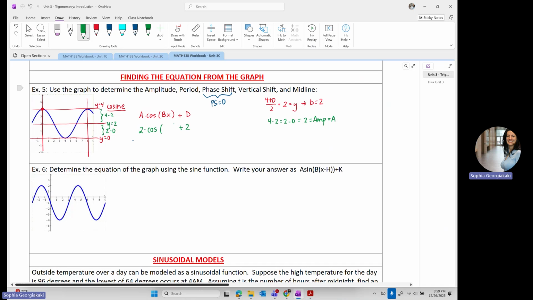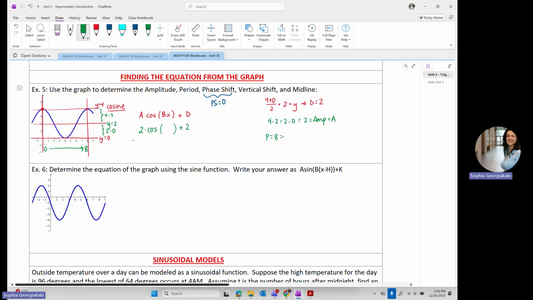And what I'm looking for is what happened to the period so that I can find B. The period from the one highest point of the wave to the second highest point of the wave, I'm going from 0 to 8. So the period is equal to 8.